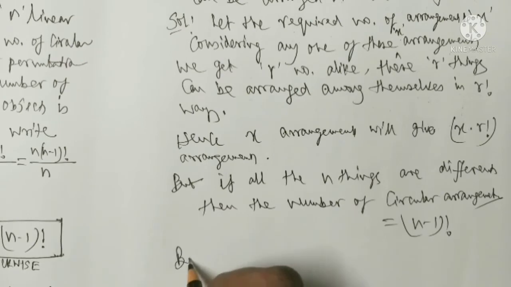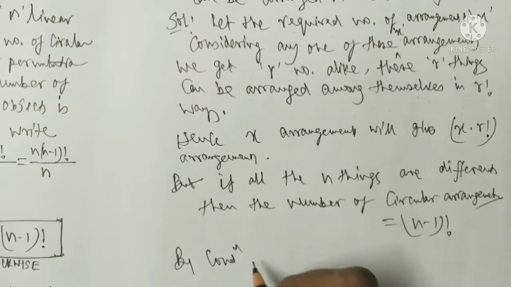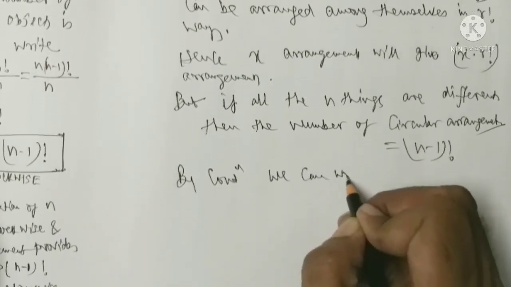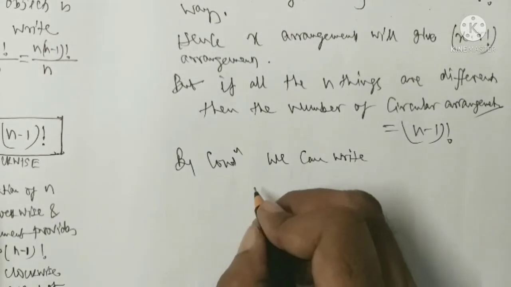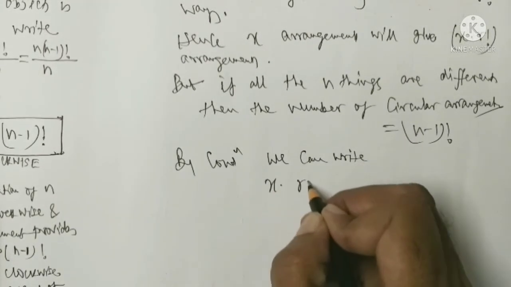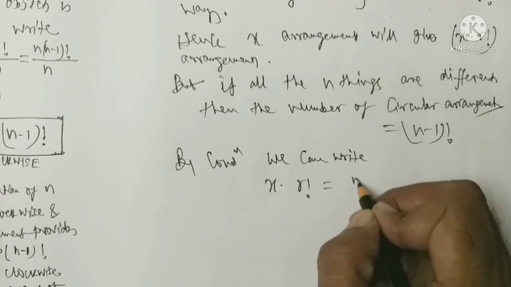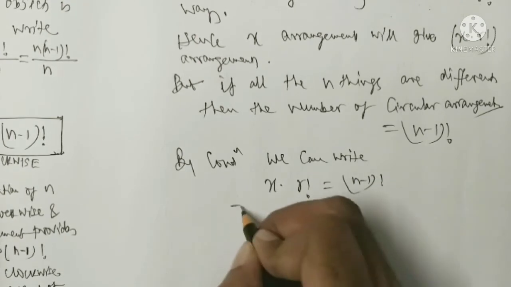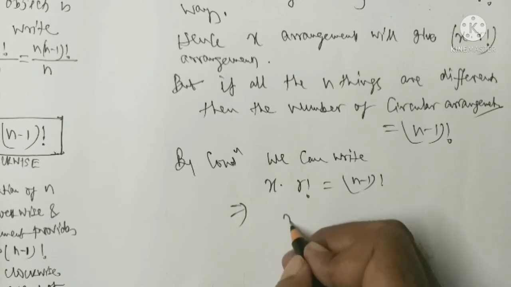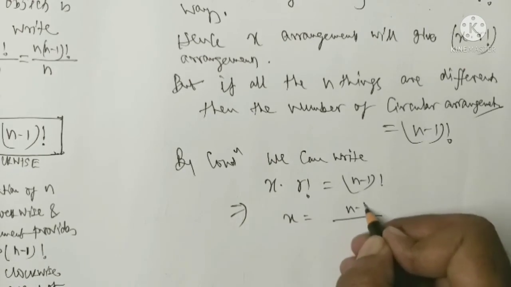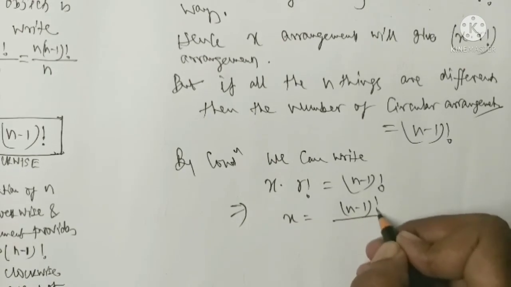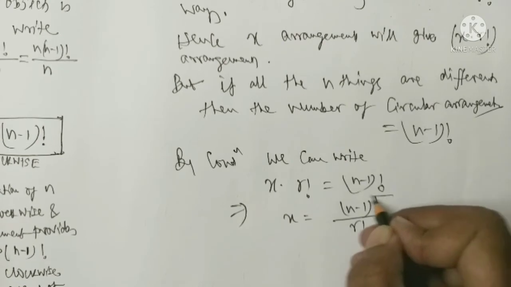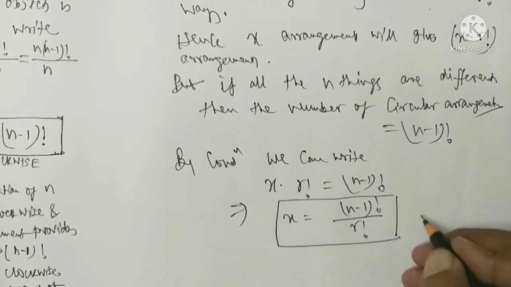By condition we can write x into r factorial equals n minus 1 factorial. Hence x equals n minus 1 factorial by r factorial. This is our required answer.